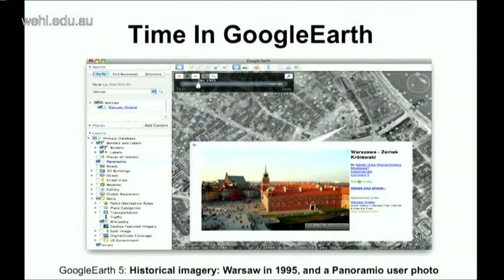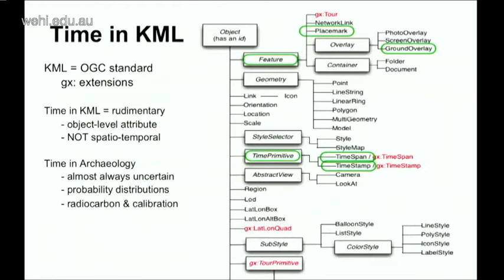Now, Google Earth does have some ability to go back through time. You can go back through some old aerial and satellite images, go and look at Warsaw before and after the war, which is a pretty dramatic difference. And it has this language called KML, which stands for Keyhole Markup Language. The bits I put in green are the bits that can do some sort of time.